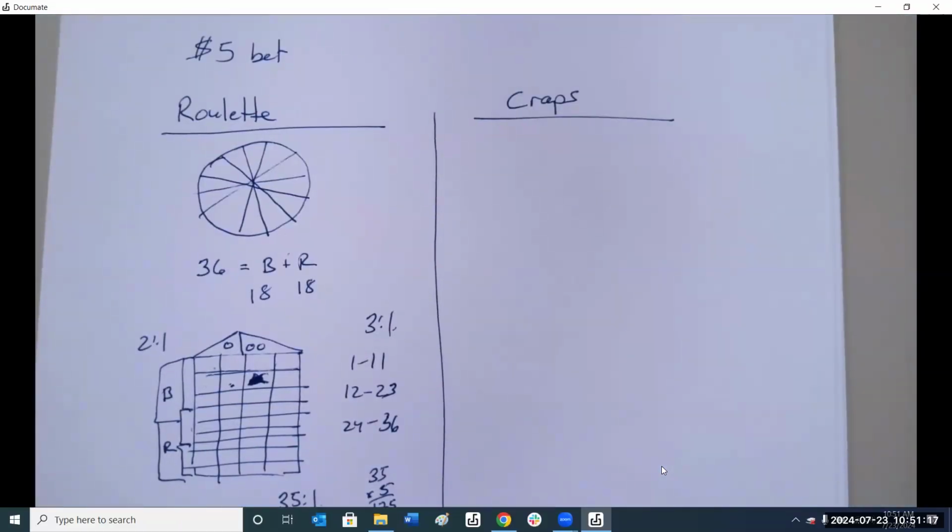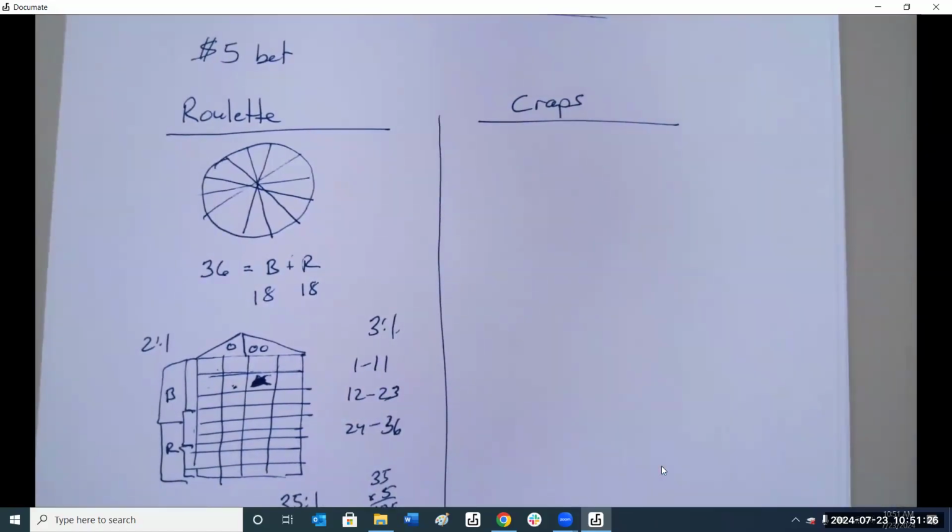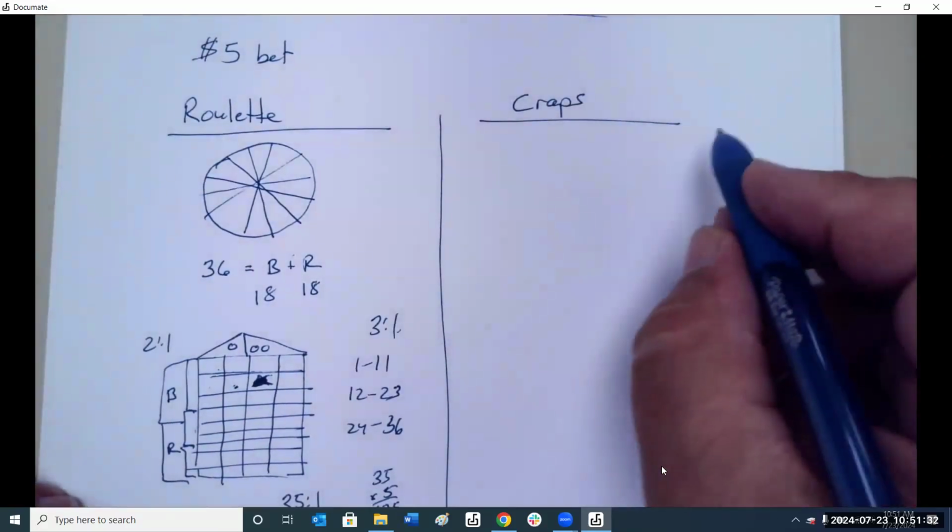Now, craps. Craps is a little bit better for you because now you have a little bit more control of what happens. Craps is when you roll 2 dice and you get to pick whether it's going to be on a certain set of numbers. The table pretty much looks like this.